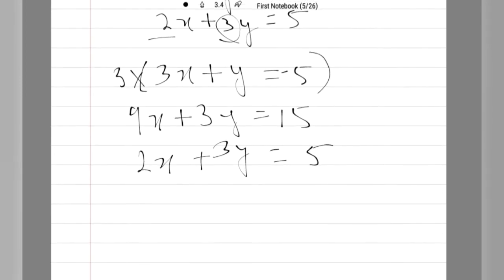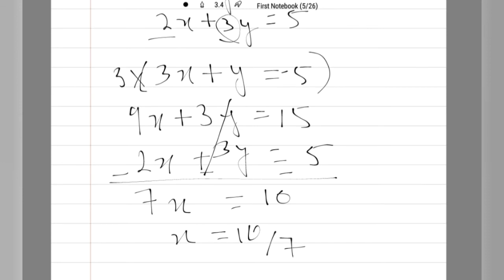Now if we subtract these equations, the 3y and 3y cancel. So 9x minus 2x, 7x, is equal to 15 minus 5, that is 10. x is equal to 10 by 7.